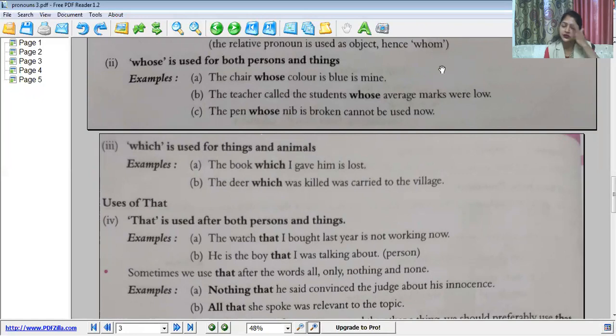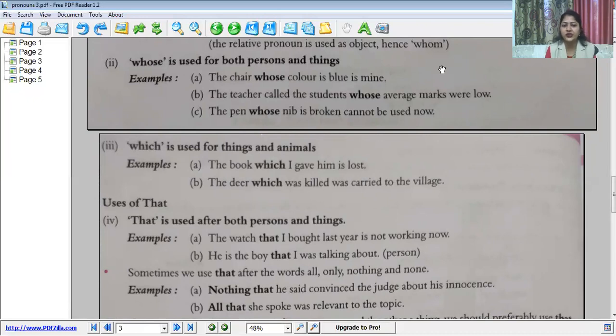Only those set of students. The pen whose nib is broken cannot be used. So you've seen the chair, a thing, the students as persons, and again pen as a thing. Which relative pronoun have you used to emphasize, to connect, to relate? You have used whose.